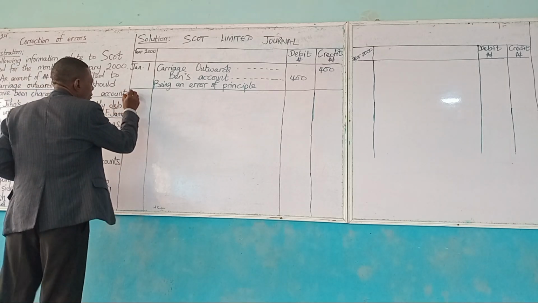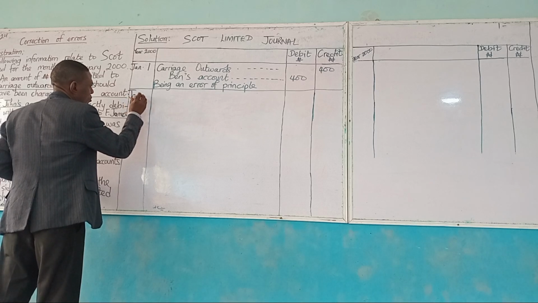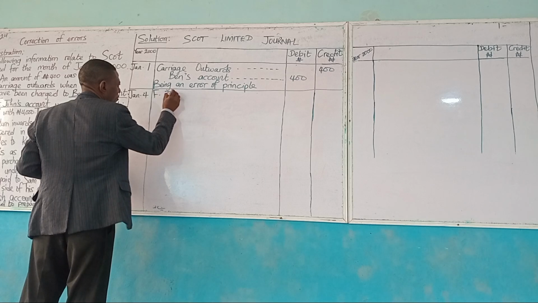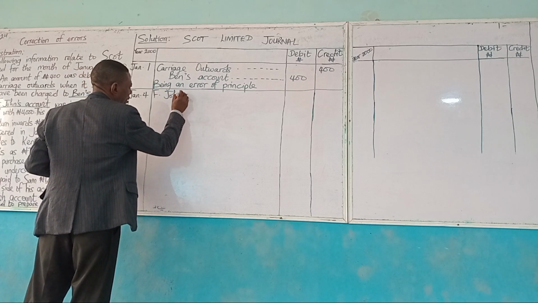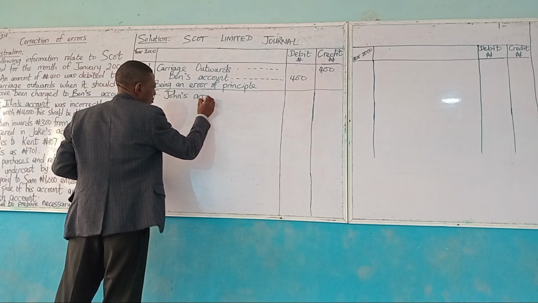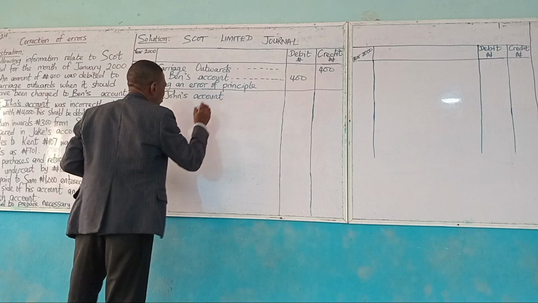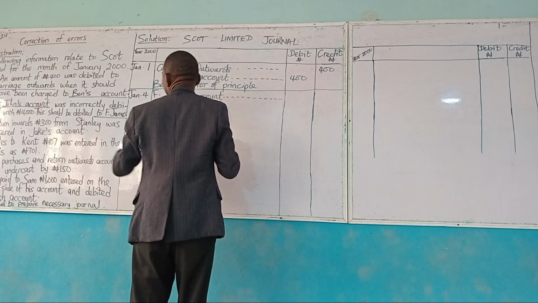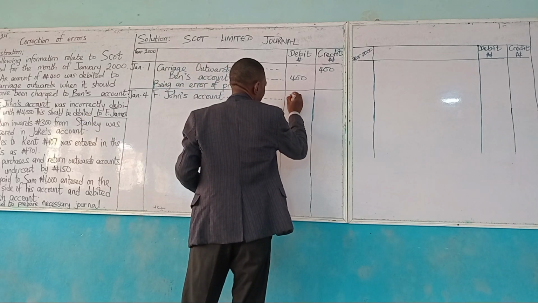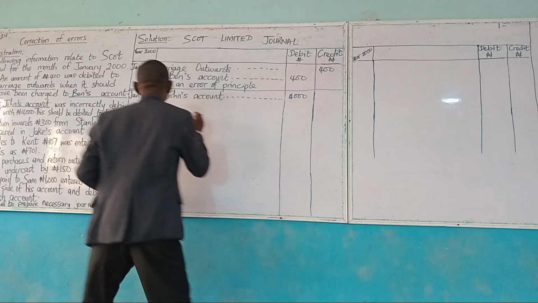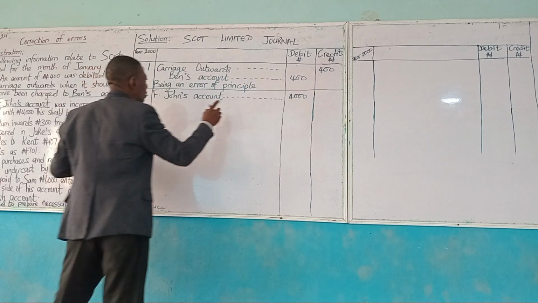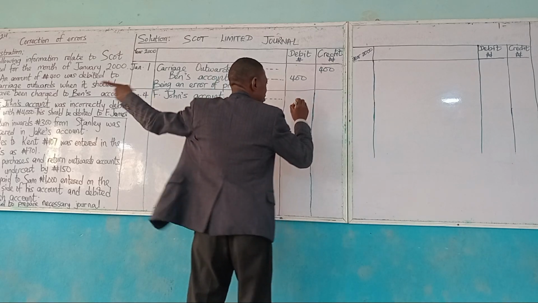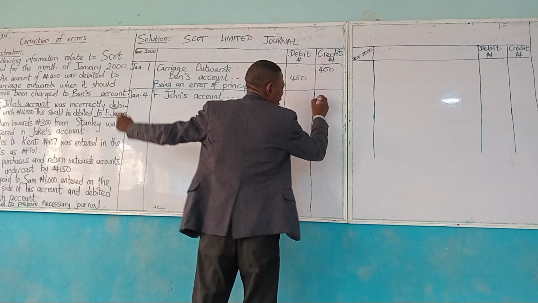So January 4, that is F. John's account, the amount is 4,000 naira. It must be credited now because it was previously debited.